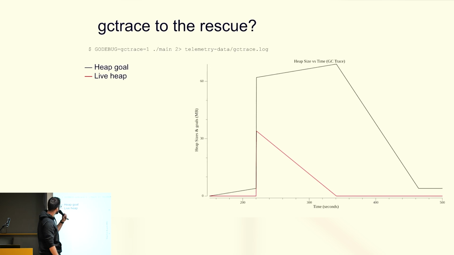And as we can see, the garbage collector cares about two things. That's the heap goal and the live heap. Heap goal is the higher one, the black one. Live heap is the red one.